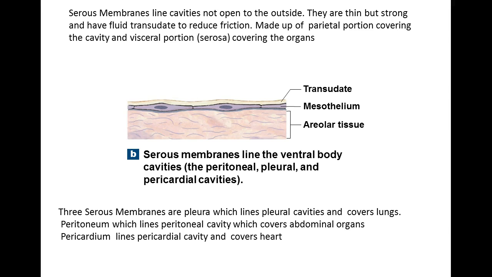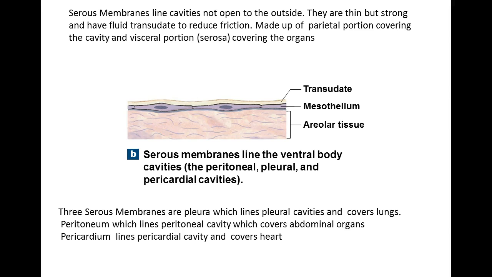Serous membranes have no opening to the outside world, so they line cavities. They're very thin, but they're strong. They also have a foundation of this tissue that has irregular fibers, and they come in only 2 layers with a space in between, and that space in between is going to have fluid, and their job is to reduce friction.